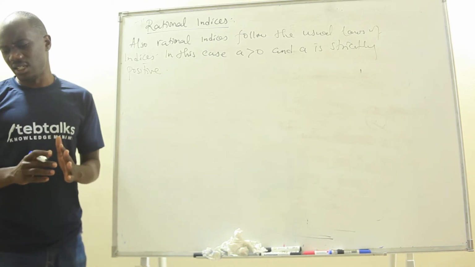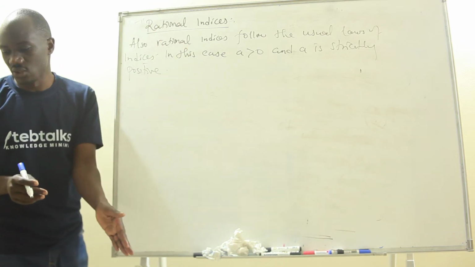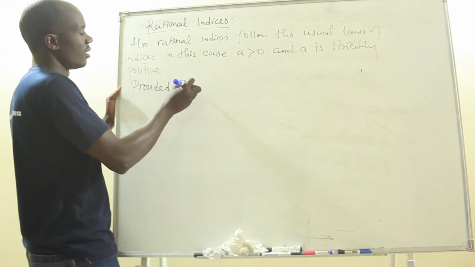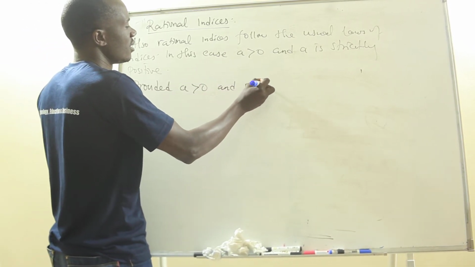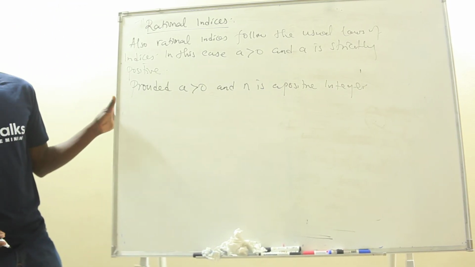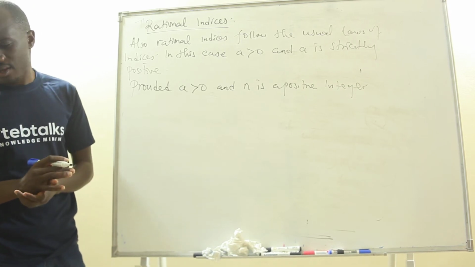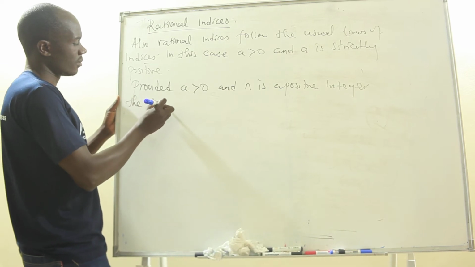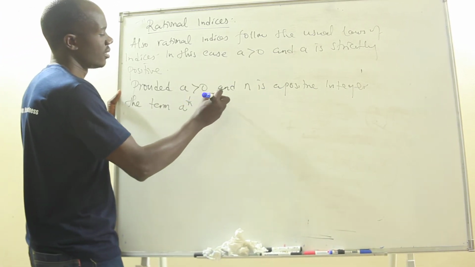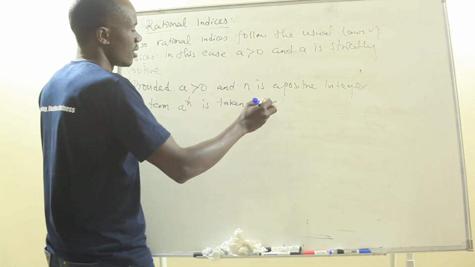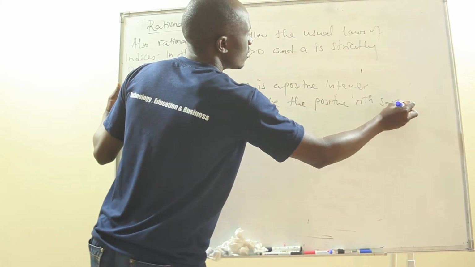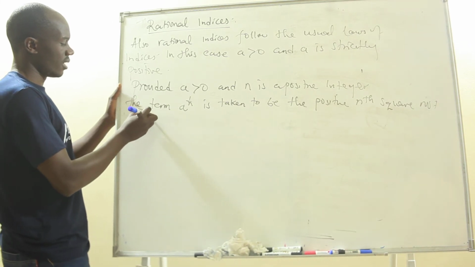So you can say, thus, provided that a is greater than 0, and n is a positive integer, the term a power 1 over n is taken to be the positive nth root of a.